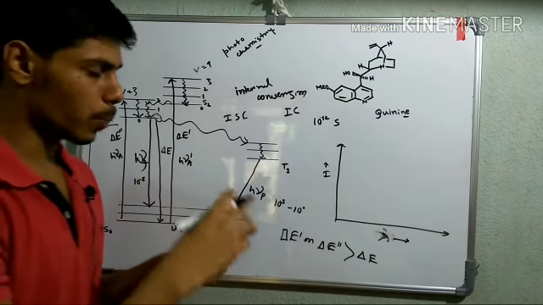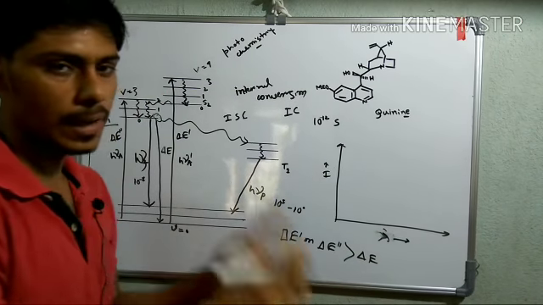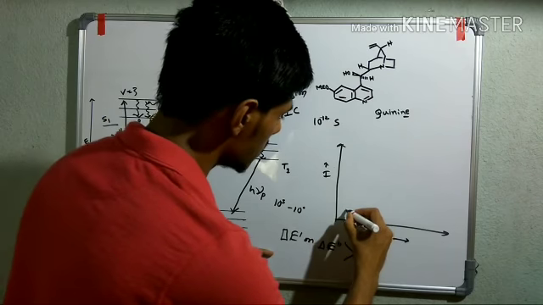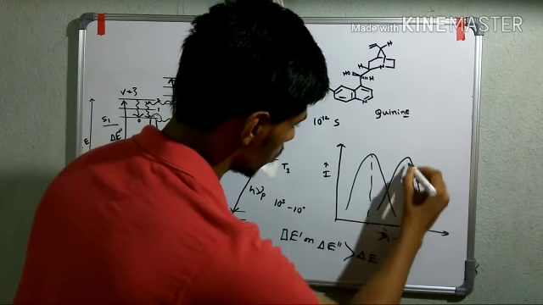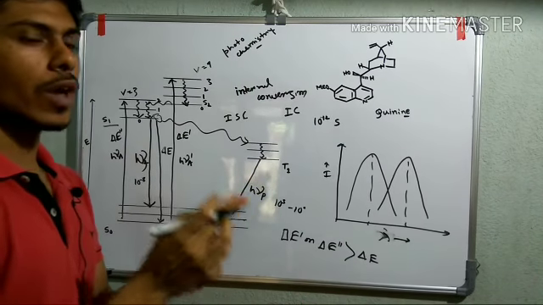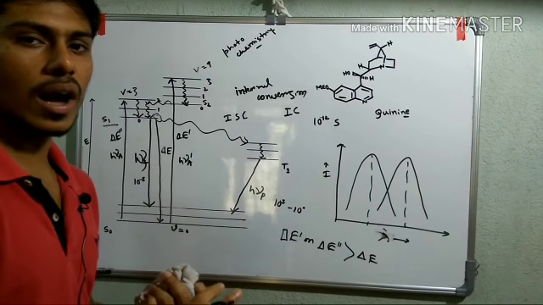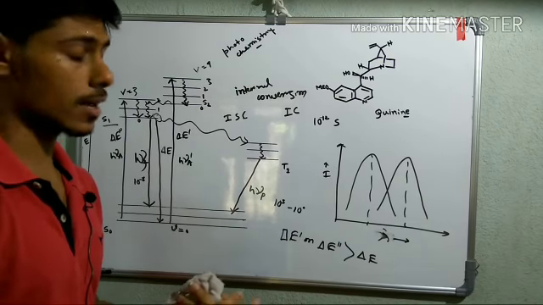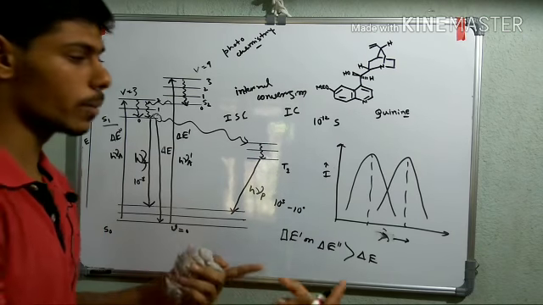So if we plot this phenomenon in this intensity versus wavelength curve, we will see two curves like this, and you have to identify these two curves. High energy means low wavelength, and low energy means the wavelength will be higher. So de-excitation occurs at low energy, which means it will occur at high wavelength.